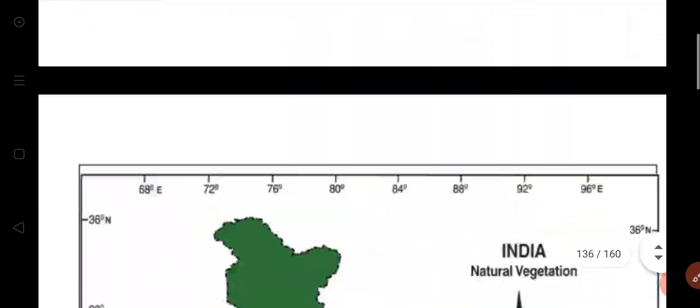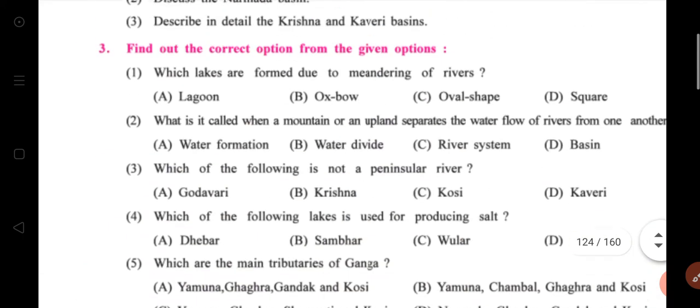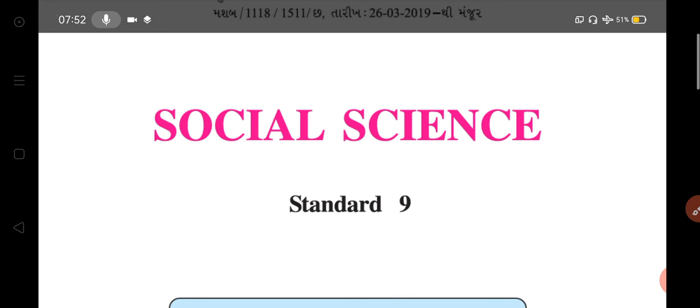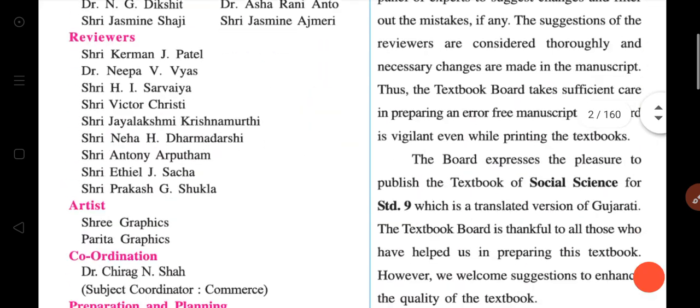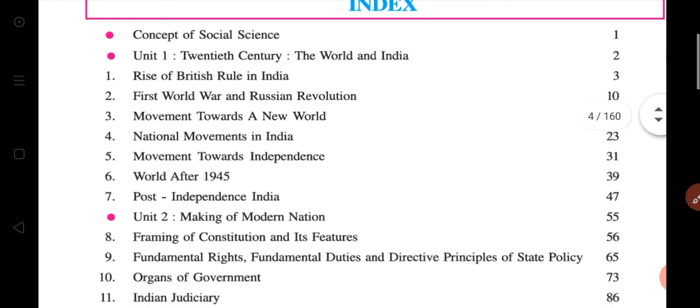Come to the index, fast. Come to the index. See, just a minute. In history we have done chapters first, second, and seven.